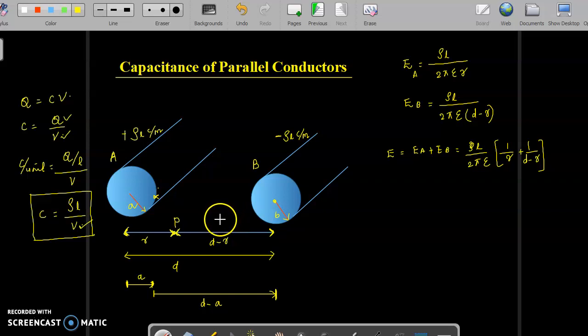Now let us obtain the expression of electric potential between these parallel conductors. Suppose a unit positive charge is moving from this point to the surface of a conductor, then the electric potential, which is acting against the field, is minus integral of E dr, from d minus a to a.